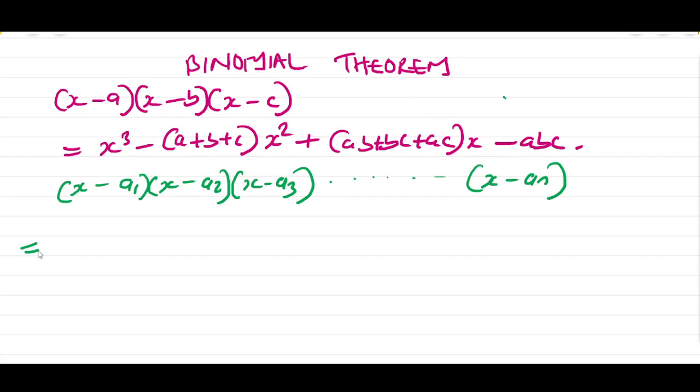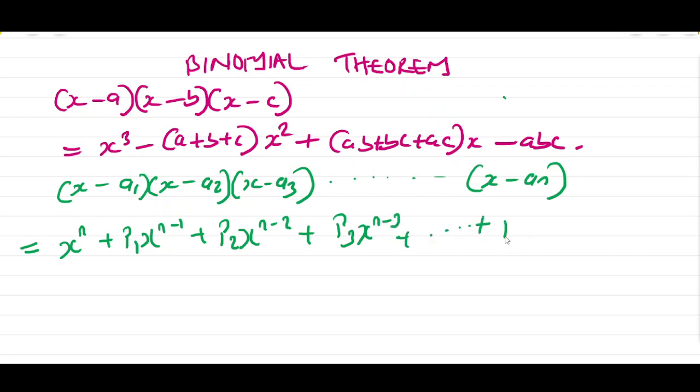Well, this will be equal to, first of all, x to the n, plus p1 x to the n minus 1, plus p2 x to the n minus 2, plus p3 x to the n minus 3, and so on, plus pn x to the 0 power.